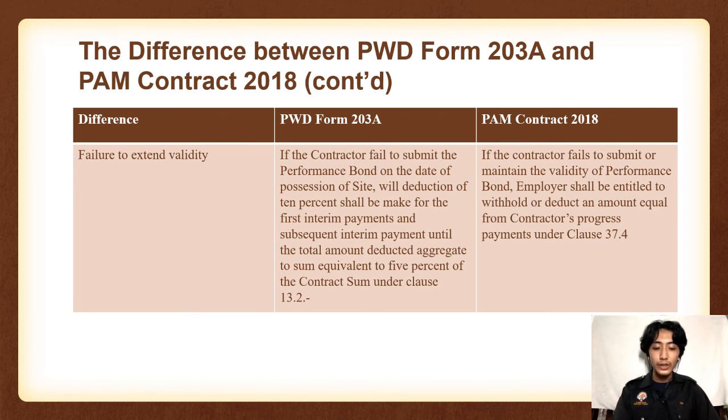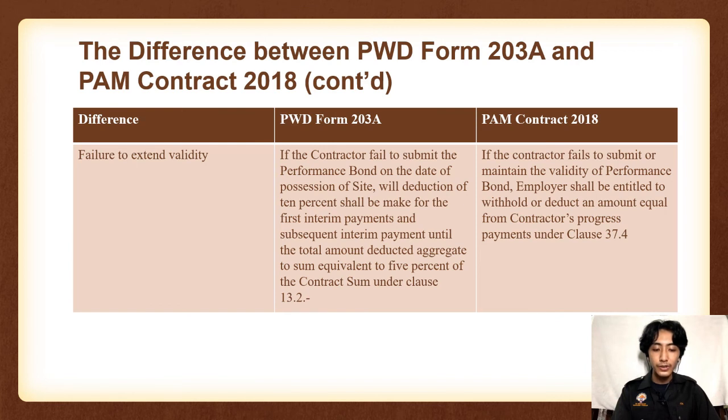According to clause 13.3, the government shall be entitled at any time to call upon the performance bond if the contractor fails to perform their obligations under the contract and such failure is not remedied in accordance with this contract.